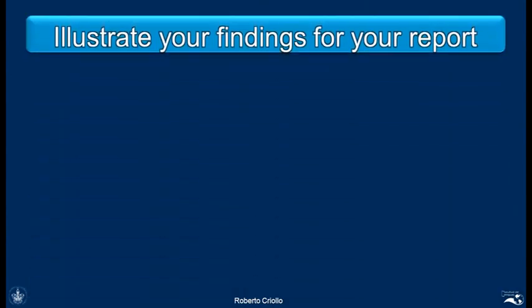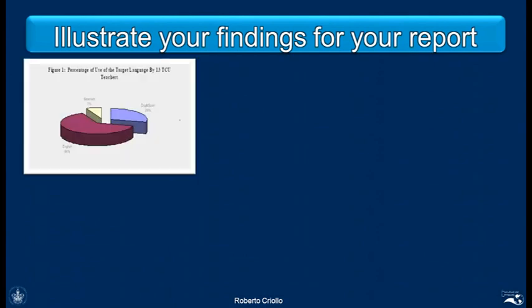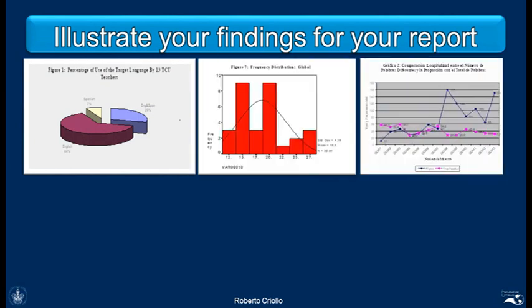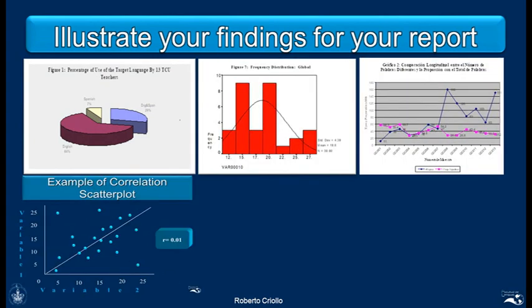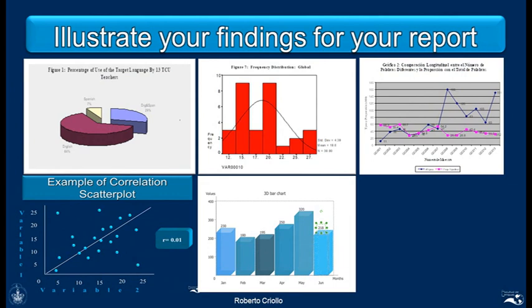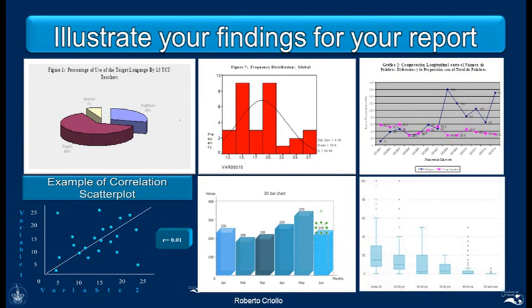And obviously, to illustrate main results or findings in a piloting or post-test report, we may use different kinds of graphic representations such as pie charts, or histograms, or line charts, or scatter plots, or bar charts, or even box plots.